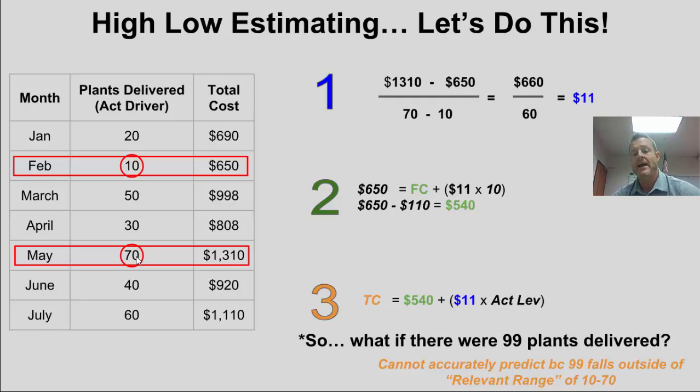So we could take that 99, plug it into the equation, and make a prediction, but it would not be an accurate enough prediction for us to really make financial decisions moving forward that we can feel sound and comfortable with. So the activity level has to fall inside the relevant range. If it doesn't fall inside the relevant range, then we're not really going to be able to make a great prediction that gives us the confidence to move forward with making financial decisions.